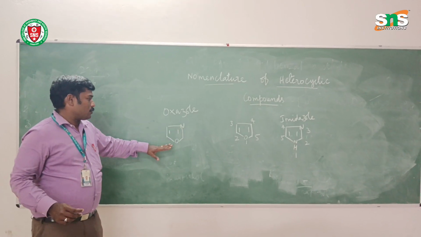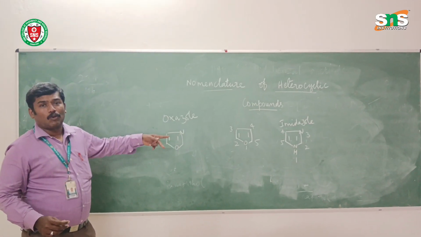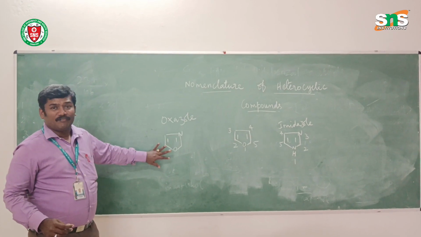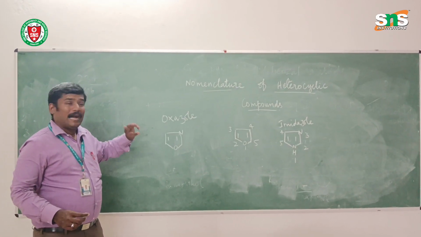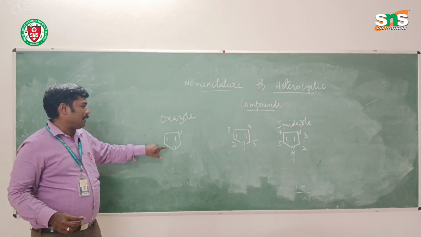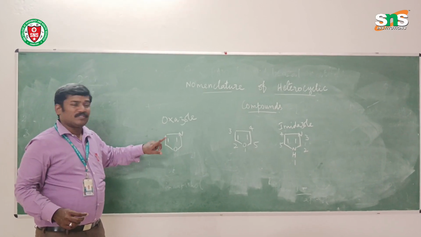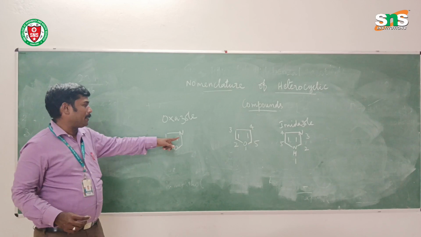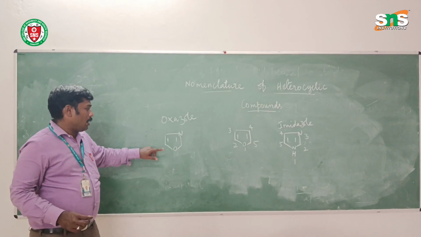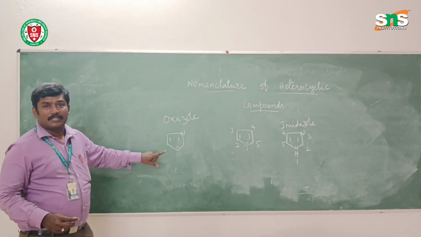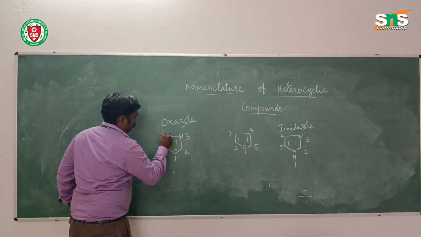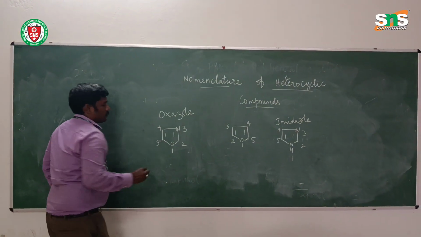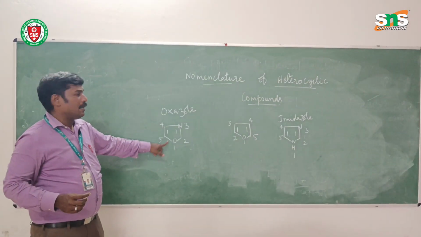So if two different heteroatoms are present, then we have to follow one rule. That is, according to the atomic number, we have to give the preference. Oxygen has a higher atomic number than nitrogen. So oxygen will get the first preference. So this is the numbering pattern of oxazole.